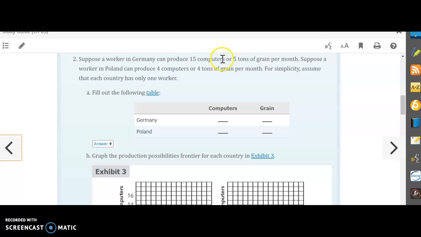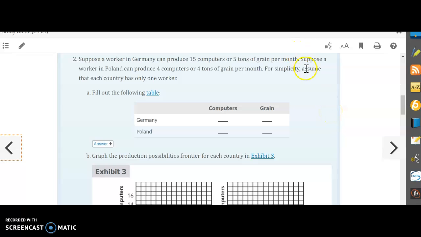Okay, 15 computers or 5 tons of grain. So we'd put in 15, 5 there. Okay. Suppose a worker in Poland can produce 4 computers or 4 tons of grain per month. So that would be 4 there and 4 there. So that's the table I'm going to start with.